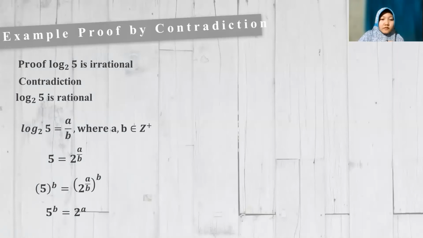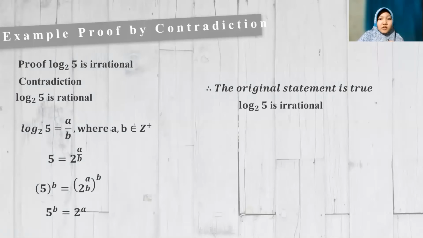You know that 5 is an odd number and 2 is an even number, so they cannot be the same, so the premise cannot possibly be true. The premise is false, so we can prove by contradiction that the original statement is true. Log base 2 of 5 is irrational.